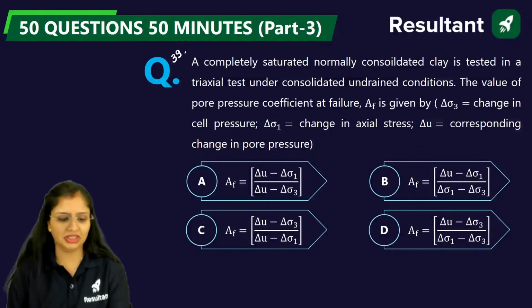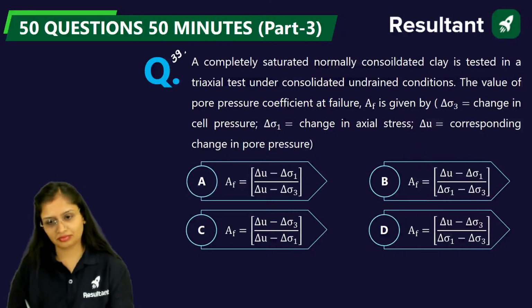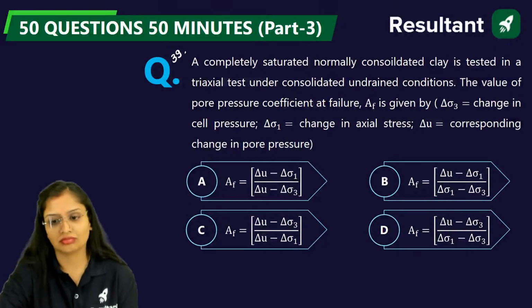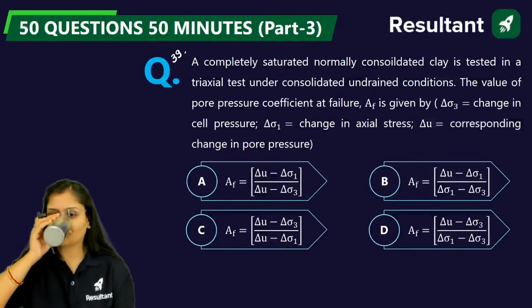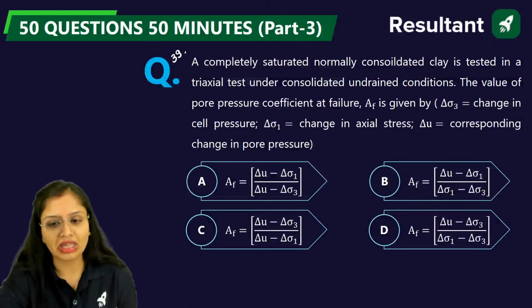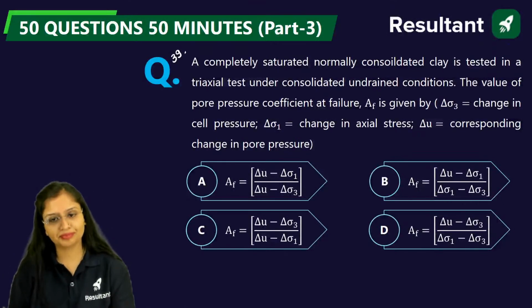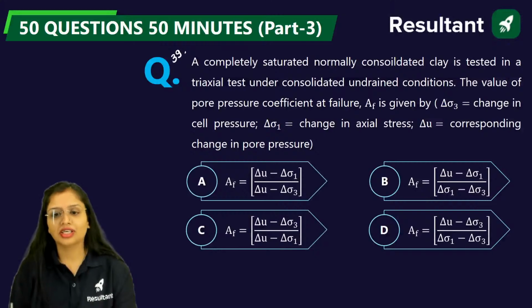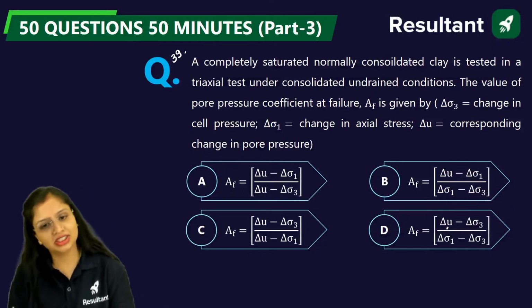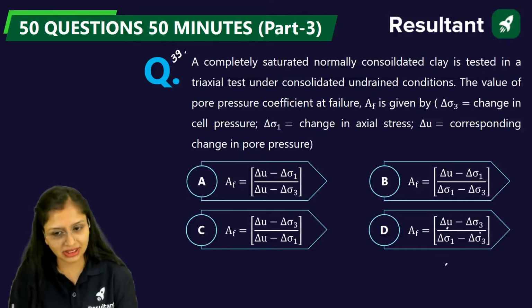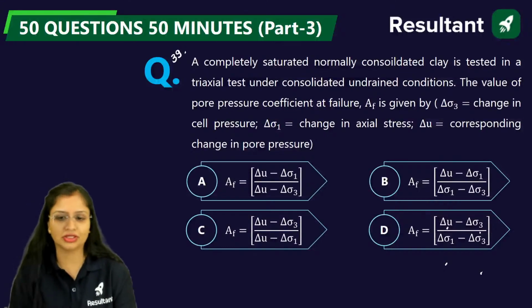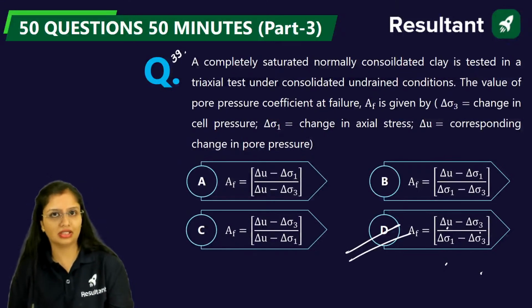This you can tell me easily, I guess. Change in pore pressure minus change in cell pressure divided by change in axial stress minus change in cell pressure. So D is the correct answer.